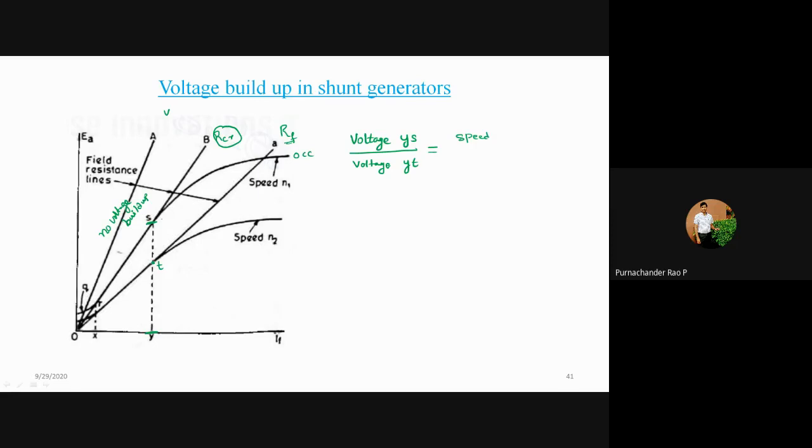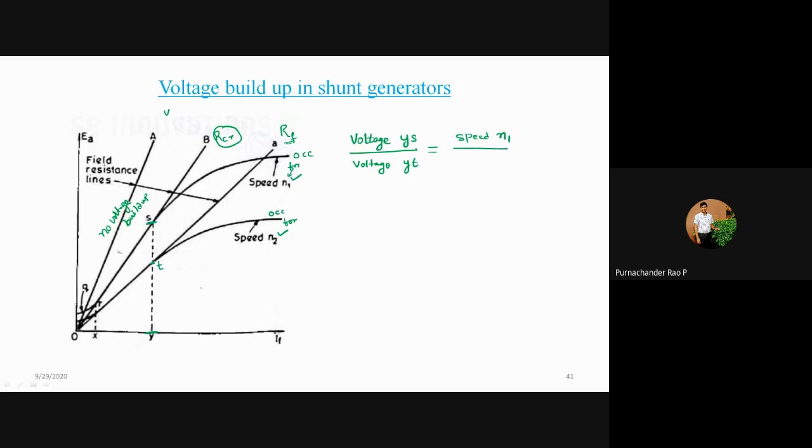So this voltage Ys is produced at the speed of n1, so this speed we consider as speed n1. Our field resistance line is tangent to the open circuit characteristics for a speed of n2. This second curve is the open circuit characteristics for speed n2, and the first one is the open circuit characteristics for speed n1.